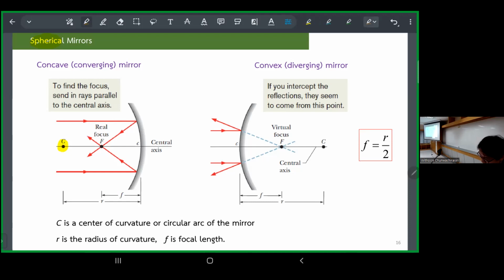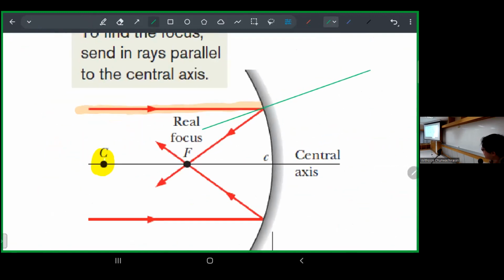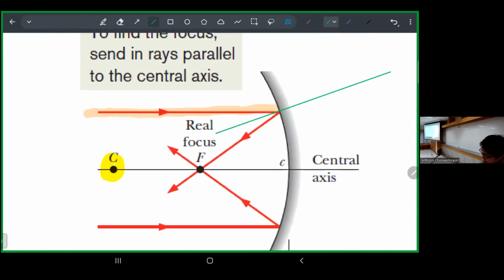Now, if you send in the light horizontally, and it hits the curved mirror, which is a spherical curve, then by the law of reflection, guys, what do you think will happen? Don't forget to draw this. There we go. Normal line. Let me zoom in a little bit to make it clearer here. I can draw the normal line, right? If I draw all the way to the center, this is it.